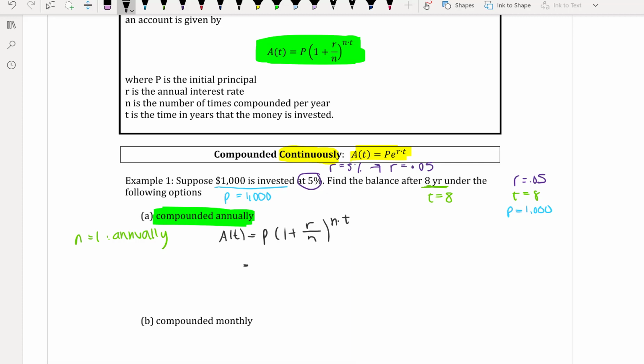So I have my principal amount that I'm plugging in. So that's going to be 1,000. I have 1 plus my R value that I'm plugging in is 0.05. The N value that I'm plugging in is 1. And that T value that I'm plugging in is 8.